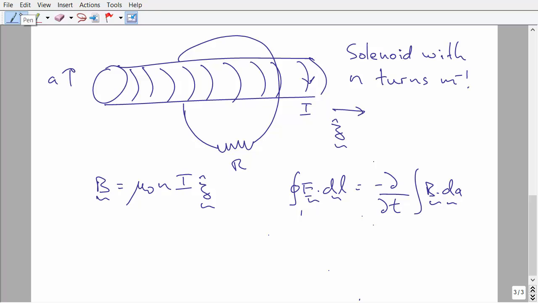So in the particular case where the current flowing in the solenoid, for example, was equal to some constant K times time, let's calculate the current flowing in our loop 1. Okay, so in this case, our magnetic field B has the following form.